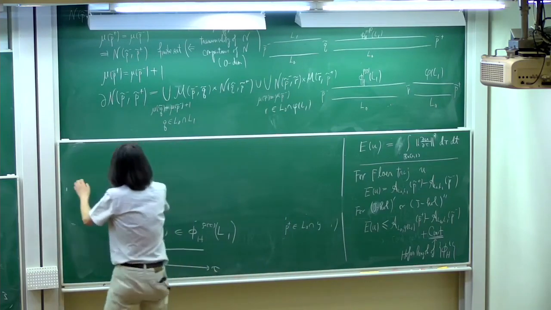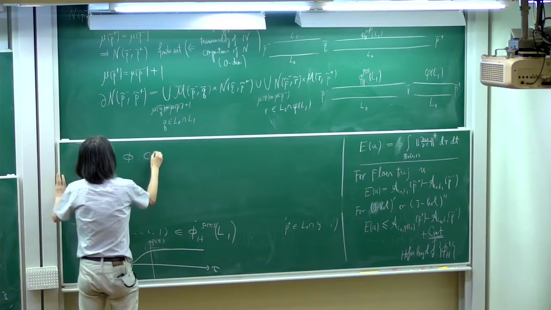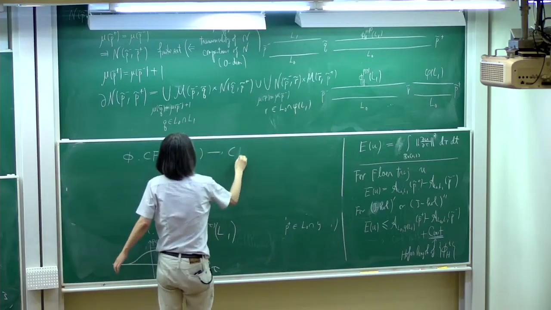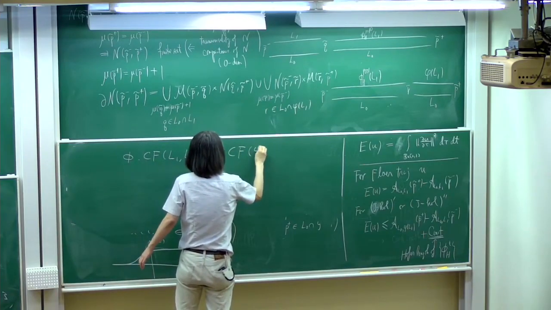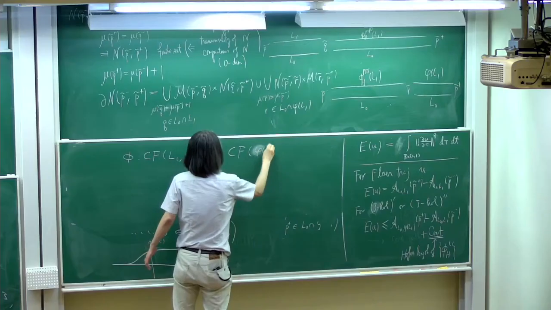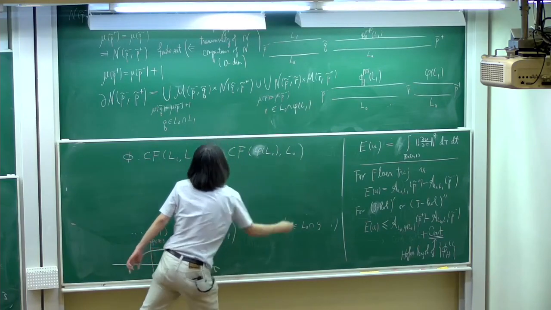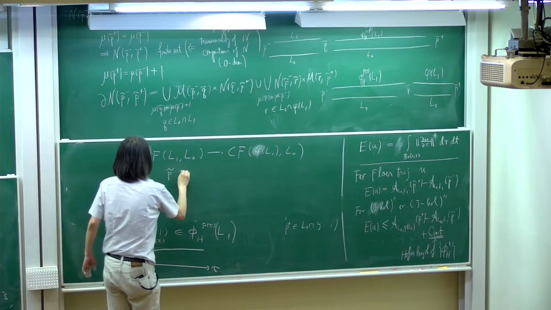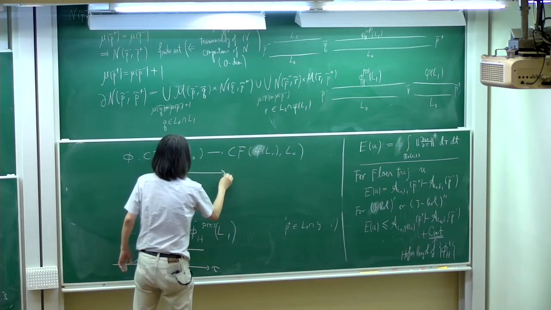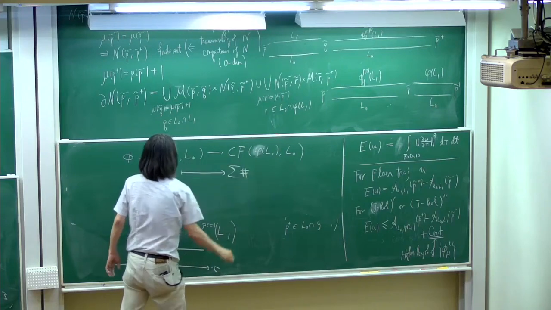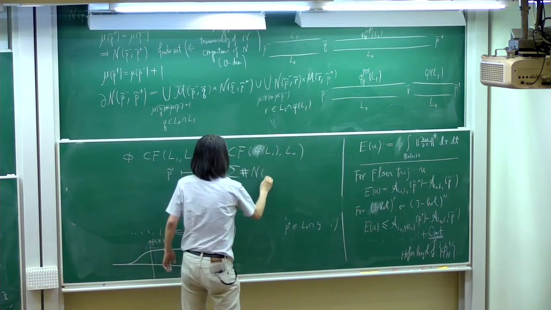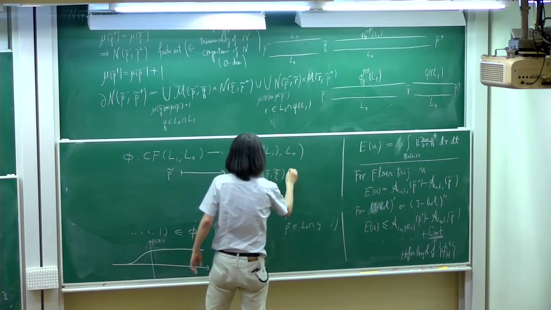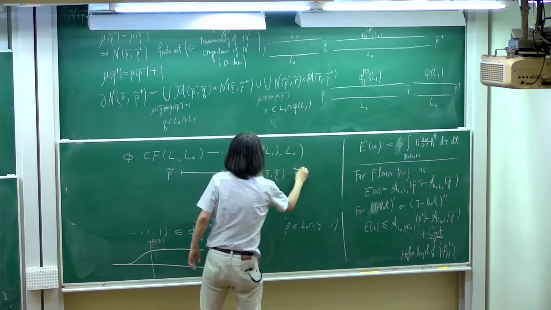Now I define this phi from CF of L1, L0 to CF of phi of L1 and L0. Okay, so I start from here p tilde, and then map it to the following. Count the cardinality of this moduli space N of p tilde, q tilde, and then here I put this q tilde.